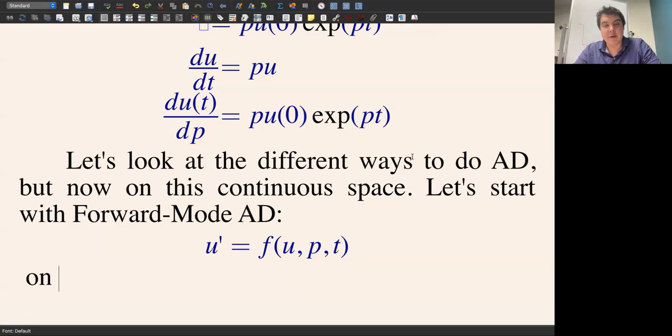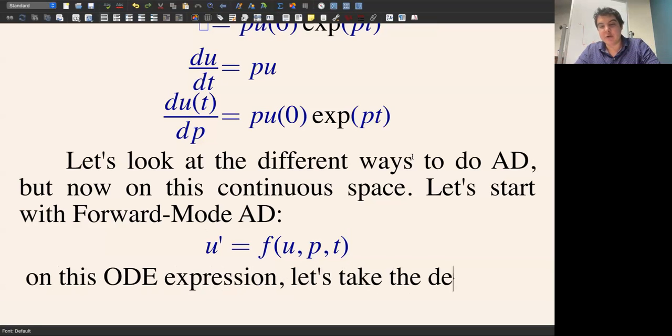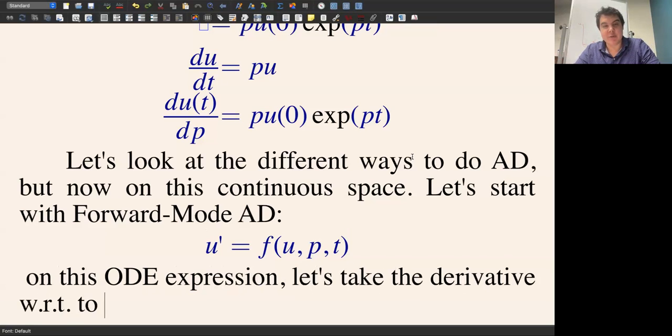Well, on this ODE expression, let's take the derivative with respect to p.